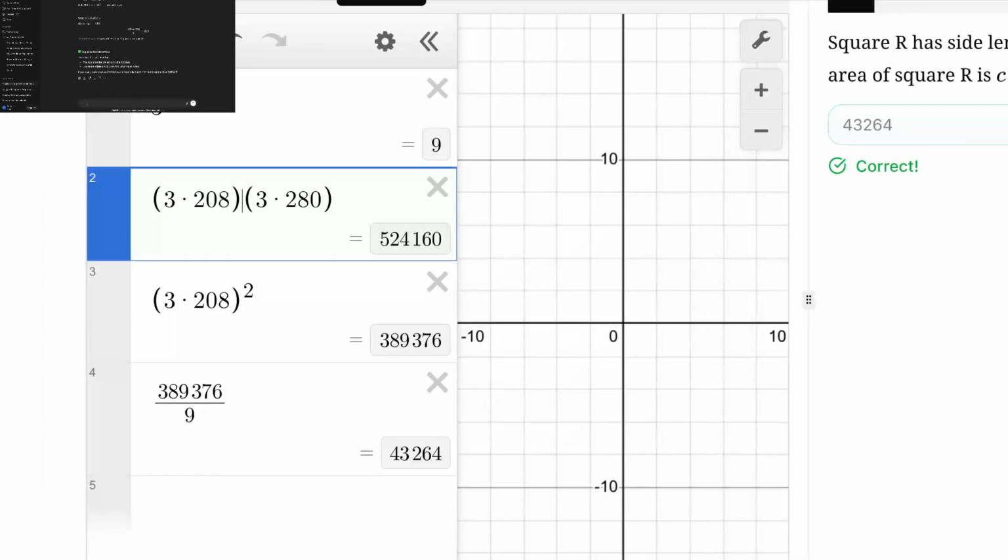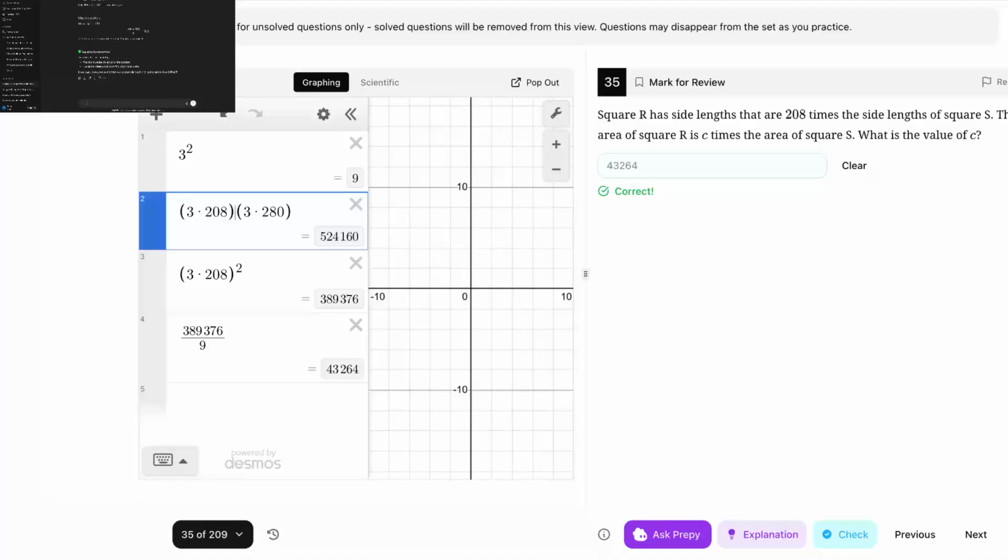Okay. You know, let's just ask ChatGPT. 3 times 208 and 3 times 208. Correct. Okay, they want feedback too. I am confused then. How come Desmos gave me a different answer for these two?